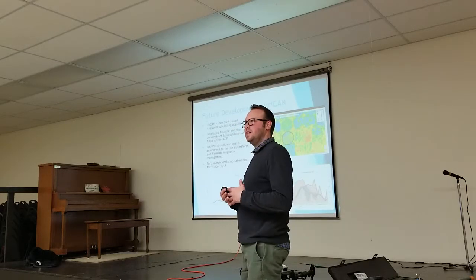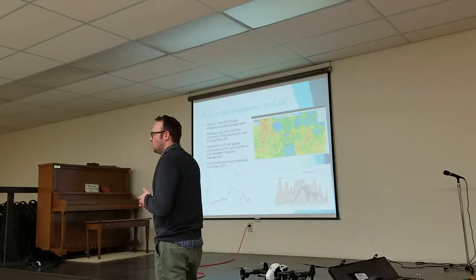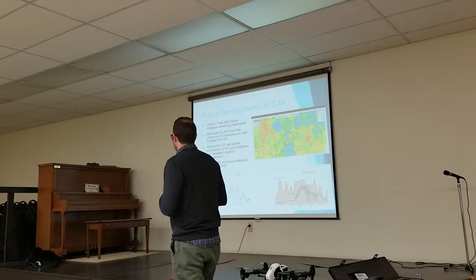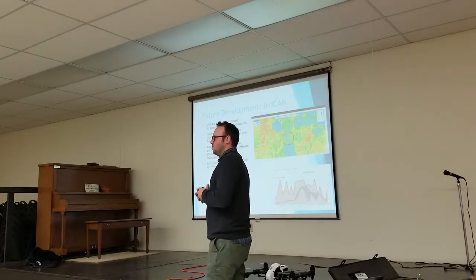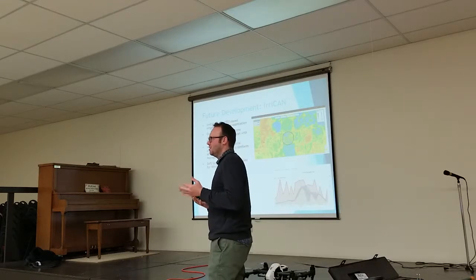What we're trying to do here is to utilize NDVI imagery, which is freely available through government portals. And we're also integrating local weather data to basically simplify the AIM models.